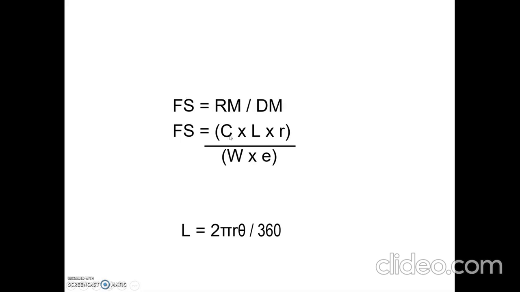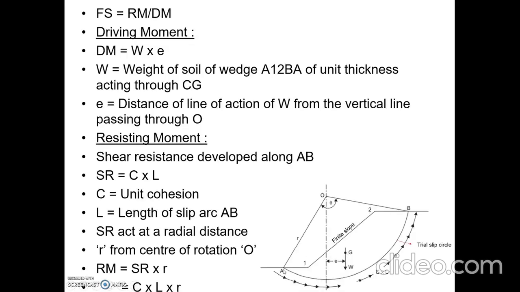Resisting moment is C into L into R and driving moment is W into E. Here L is given by equation 2 pi r theta divided by 360, where r is the radius and theta is the angle AOB, which is the angle made at the center of rotation, that is theta.